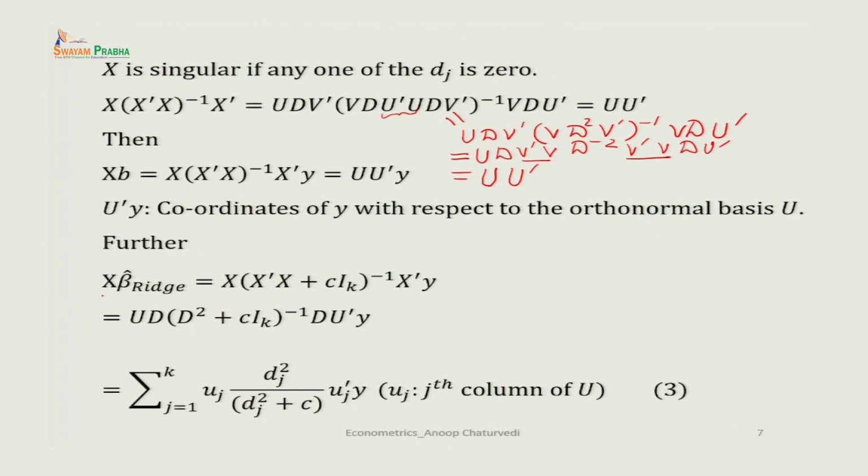Further, X beta hat ridge is equal to (X transpose X plus c I_k) inverse X transpose y. Again this is equal to, we write X transpose X plus c I_k.